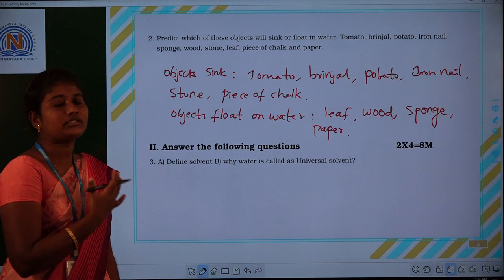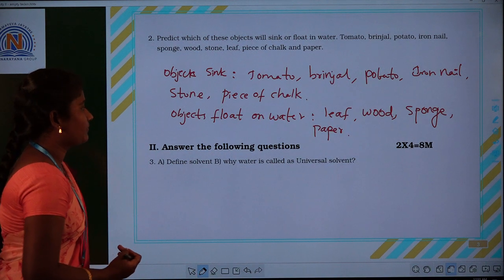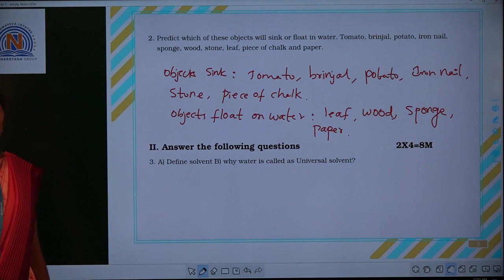These objects float on water. Okay. Next, see the third question.